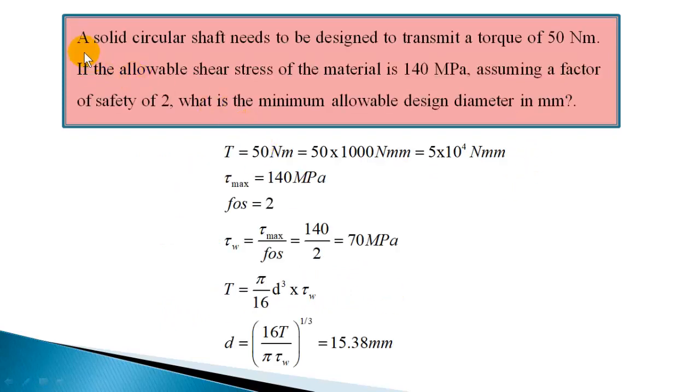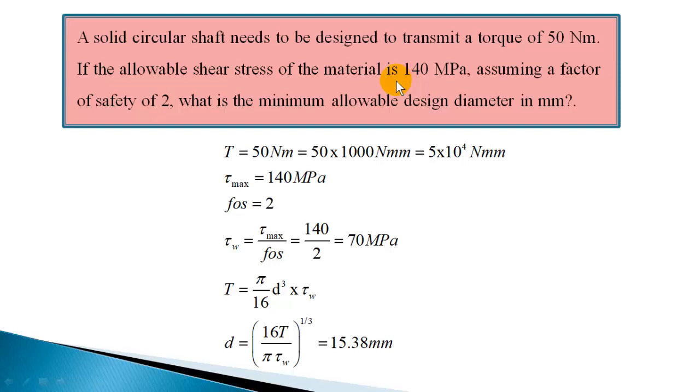So next, a solid circular shaft needs to be designed to transmit a torque of 50 Newton meter. If the allowable shear stress of the material is 140 megapascal, assuming a factor of safety 2, what is the minimum allowable design diameter in mm? So torque transmitted is given, and the maximum allowable shear stress of the material is 140 megapascal, and we are also given a factor of safety.